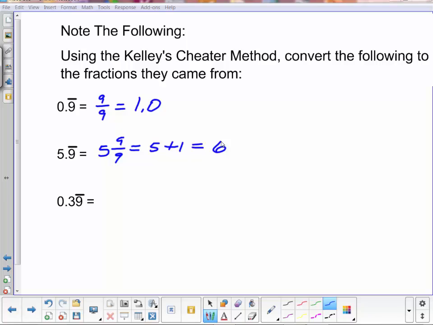Now you'll notice that having this 0.9 bar seems to create a very different situation where we end up getting a different number as an answer than what we expected. This is definitely the case you can see here, and what we're going to do is look at this a little bit more carefully.